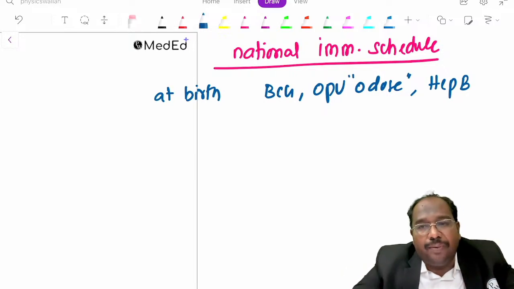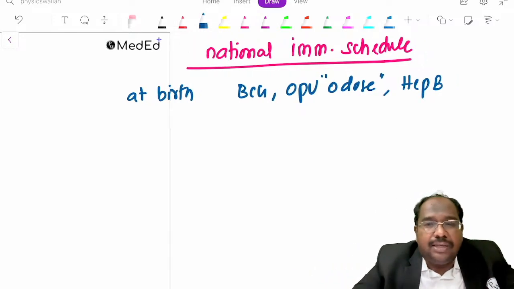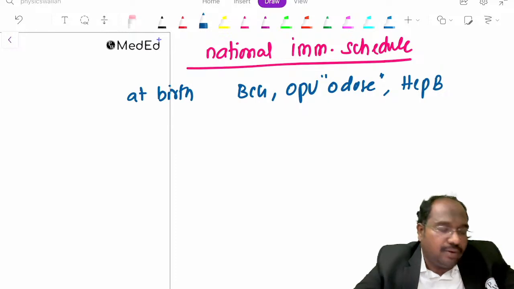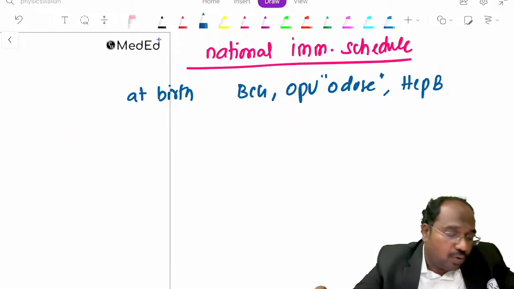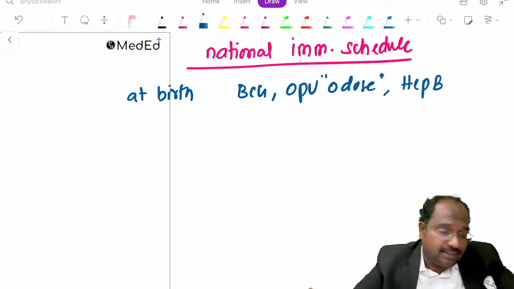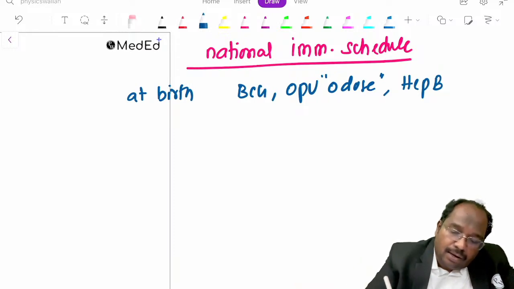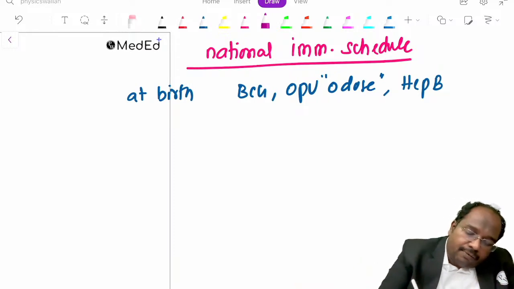A walk-in cold room will be there at regional level, which covers 4 to 5 districts. The entire room maintains the temperature and they store the vaccines there. Walk-in cold room, not at CHC.